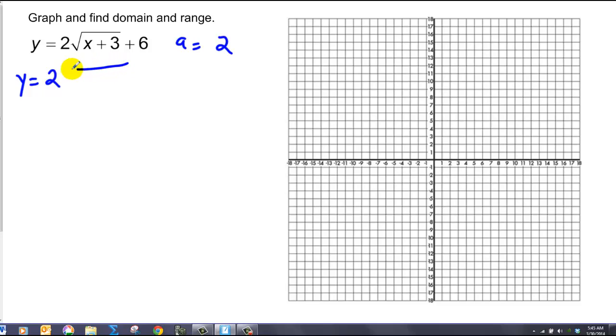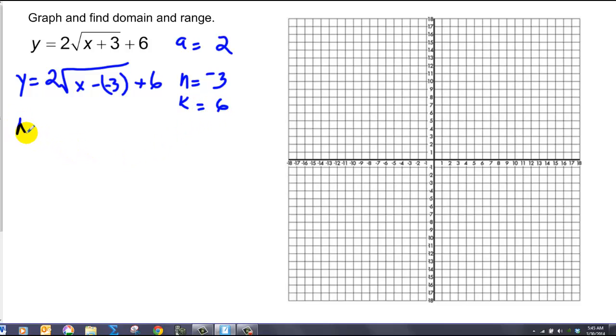So this is x minus a negative 3. And I need an addition to be outside, so that's still okay. And now I identify h and k from here. So h is equal to negative 3 and k equals 6.